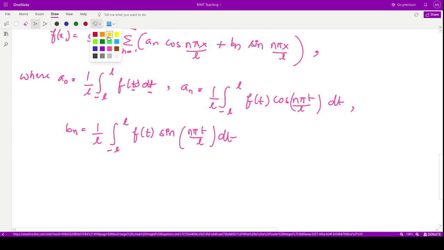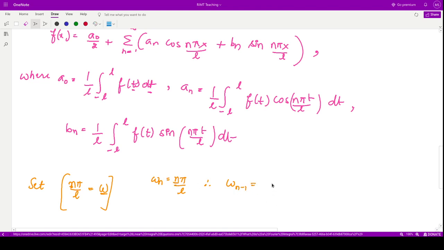Now what I can do here is set the value of n pi upon L to be equal to omega. This I am defining by myself. So if this omega corresponds to n, I can call this omega n to be n pi upon L. Therefore, what would be omega n minus 1?